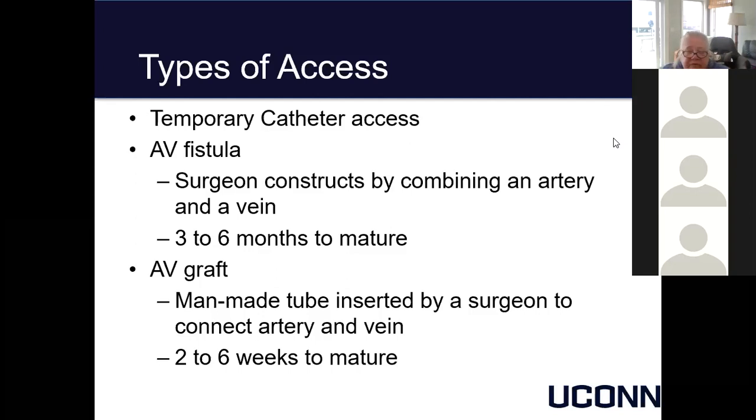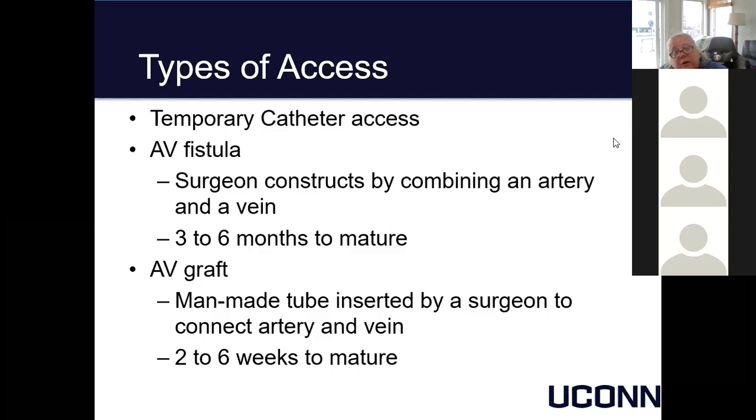Let's say the patient's veins aren't that great. Maybe we don't have a ton of time. I'm sure there are other reasons that you might choose to do an AV graft. But again, you're sort of artificially connecting an artery and a vein. You are putting in a graft between those two, anastomosing the ends.